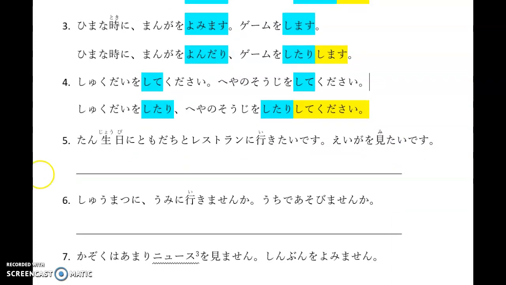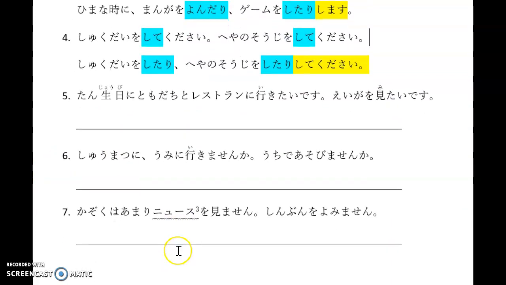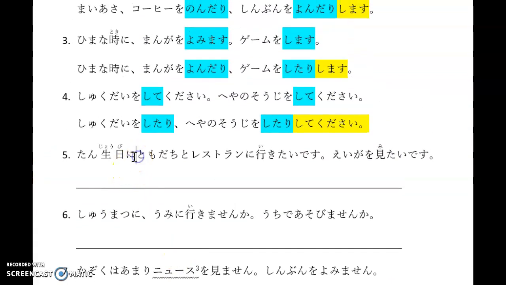Okay? Alright. Number 5. On my birthday, 誕生日に友達とレストランに行きたいです。映画を見たいです。So what do I want to do on my birthday? That's right, I want to go to a restaurant with my friend and I want to watch a movie. Okay.